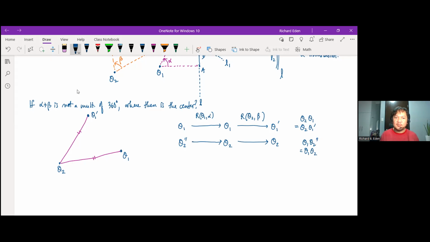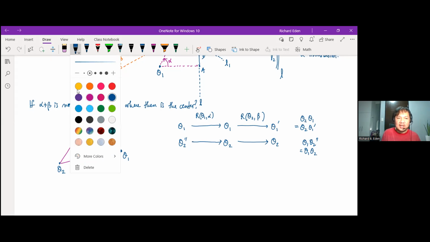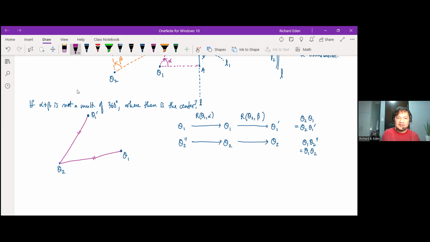Okay, so this time with O1 as center, nung O2 double prime, dapat ganun din. Pero actually, it's the same as the length of the segment connecting O2 and O1. So let's say here is where O2 prime is.